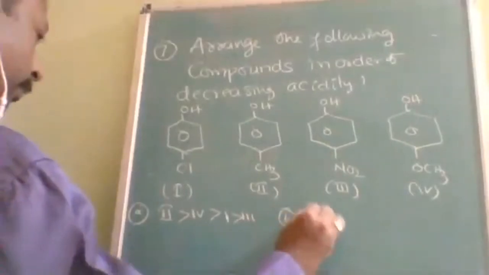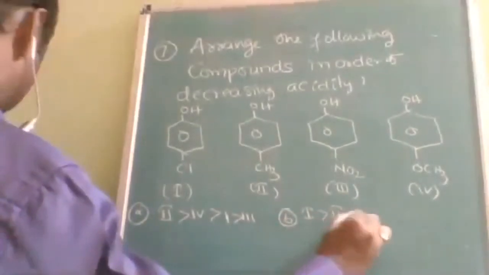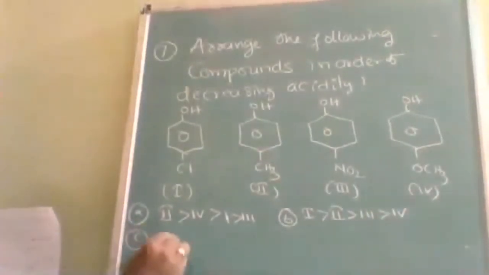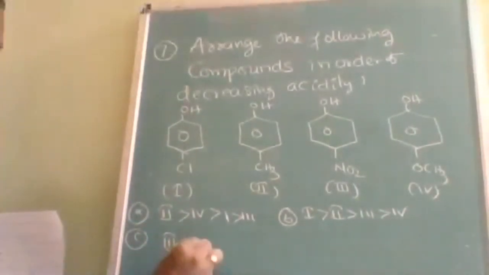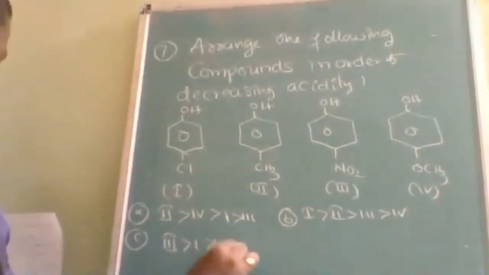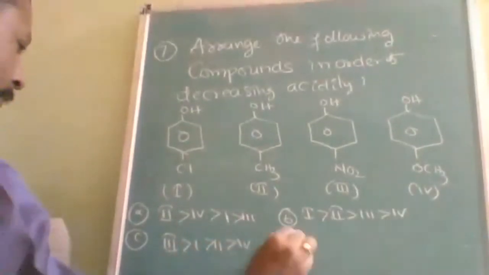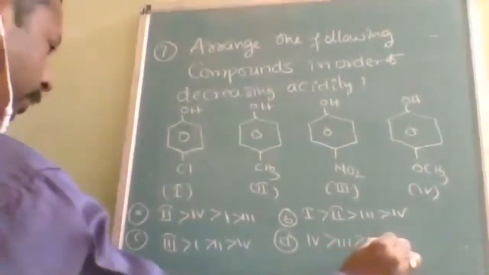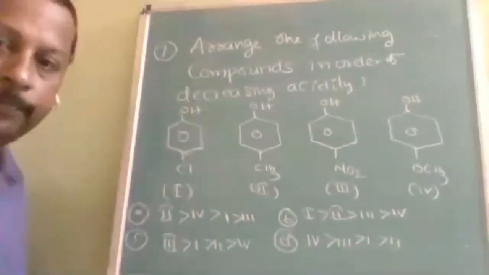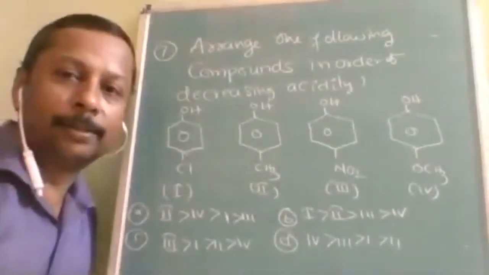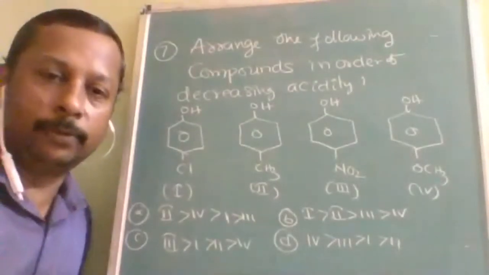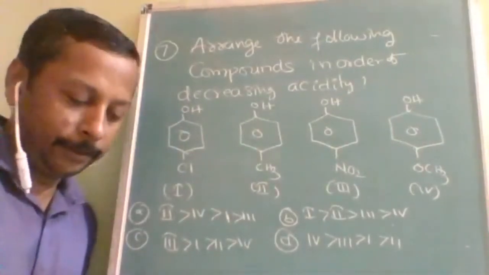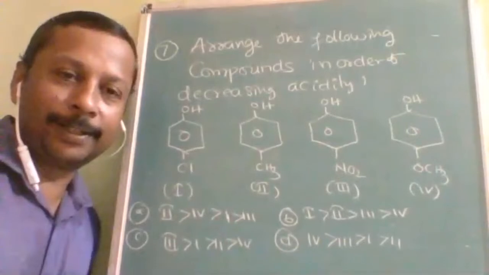Option B, 1 greater than 2 greater than 3 greater than 4. Option C, 3 greater than 1 greater than 2 greater than 4. And option D, 4 greater than 3 greater than 1 greater than 2. Now it will be easy for you to understand and arrange. Let's see what is correct.